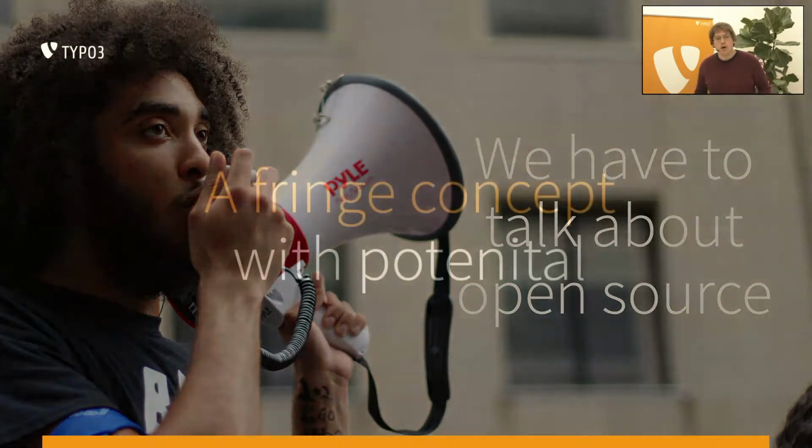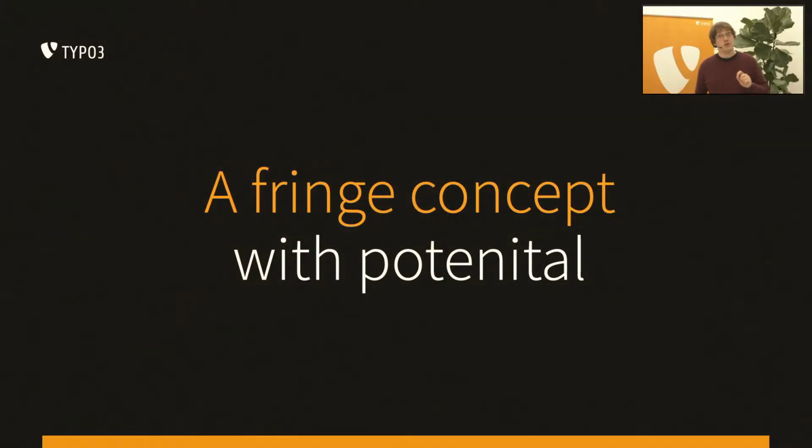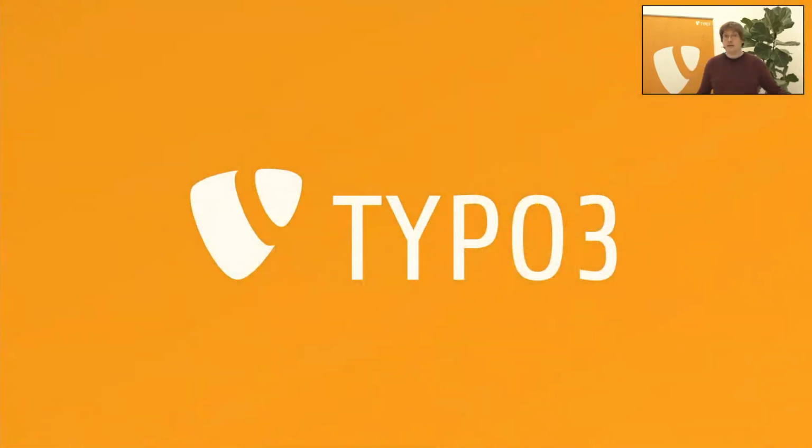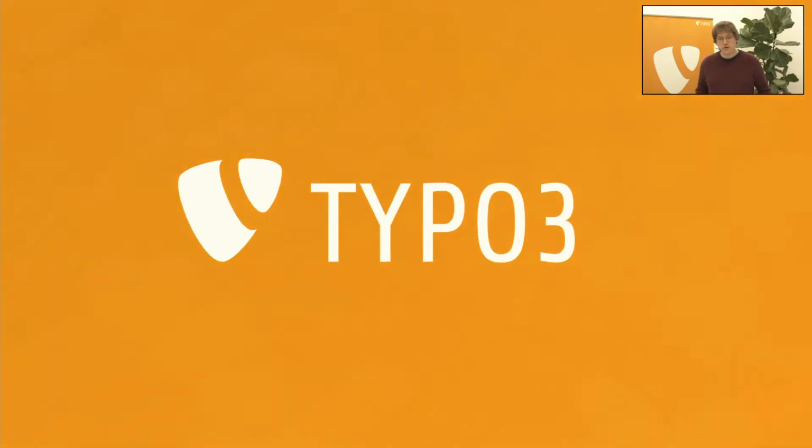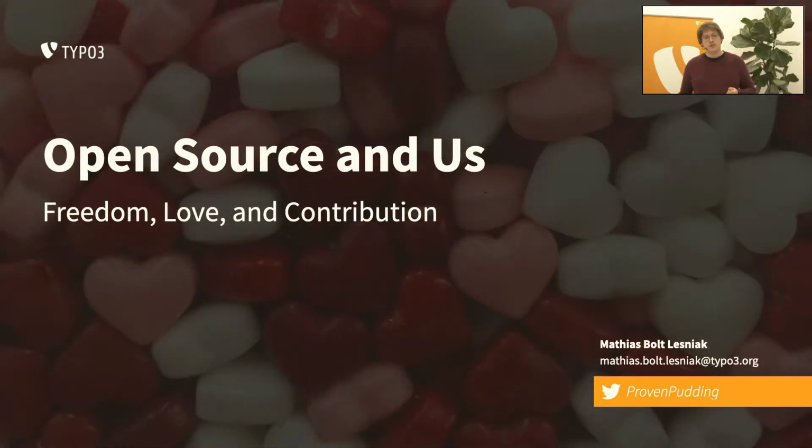So we could call this a fringe concept, but a fringe concept with a great potential to guide the development of a fair and free and democratic society, as well as an excellent CMS and the CMS community. So, open source and I, open source and them, and of course in the community, open source and us, with freedom, love, and contribution.